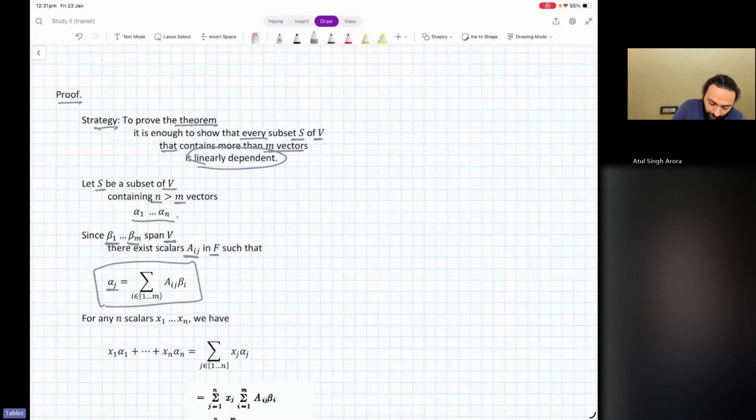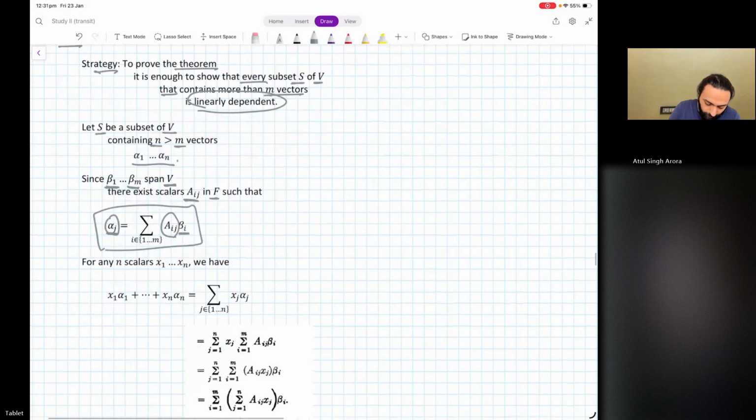So for the jth alpha, one can write it as a linear combination of betas, and we are just calling the coefficients Aij. Is that okay? This is just linear combinations.